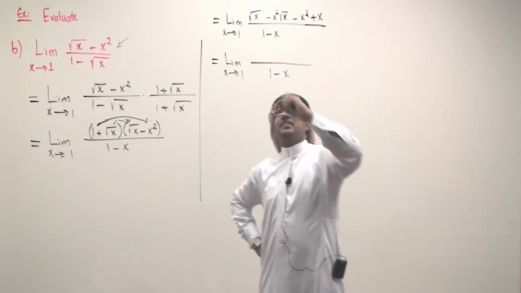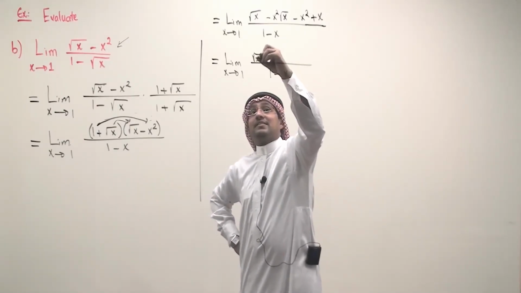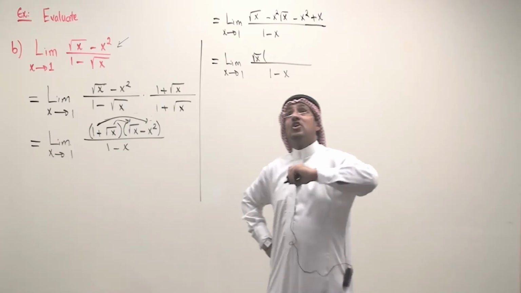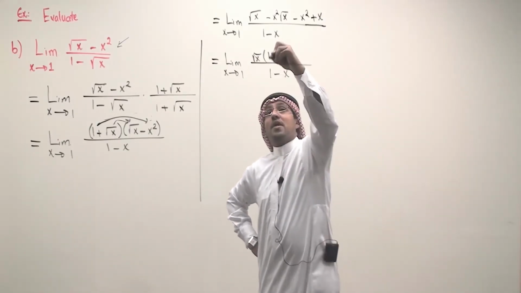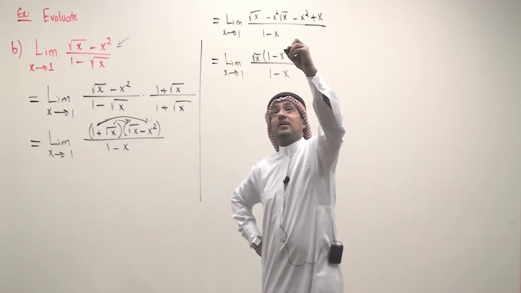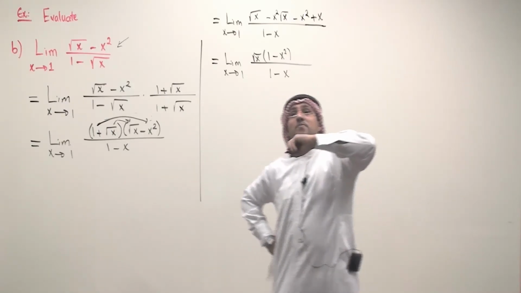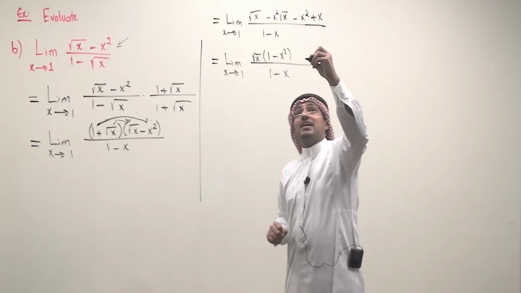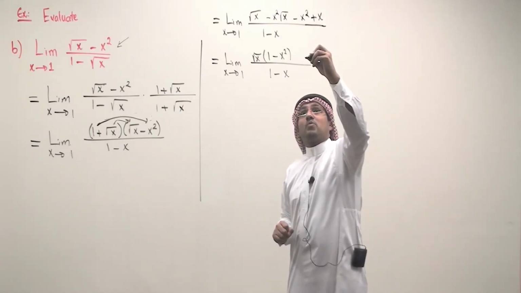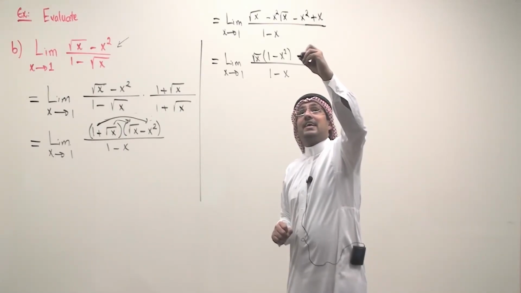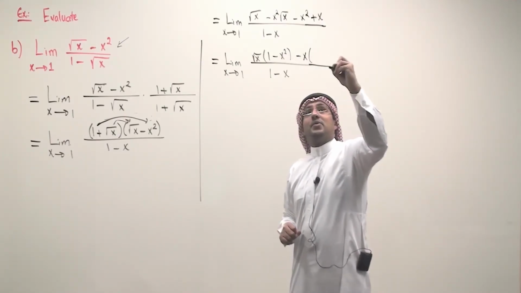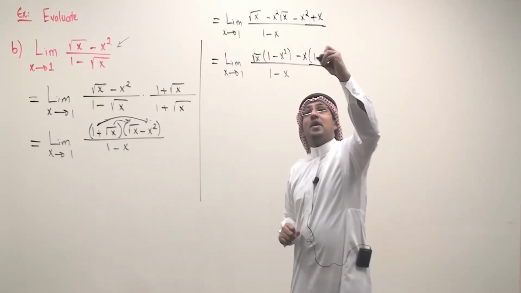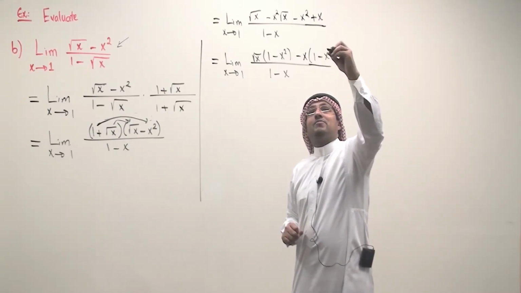The numerator is, I can take root x as a common factor, which leaves me having 1 minus x squared. And here, if I take minus, for example, x, it will be 1 minus x.